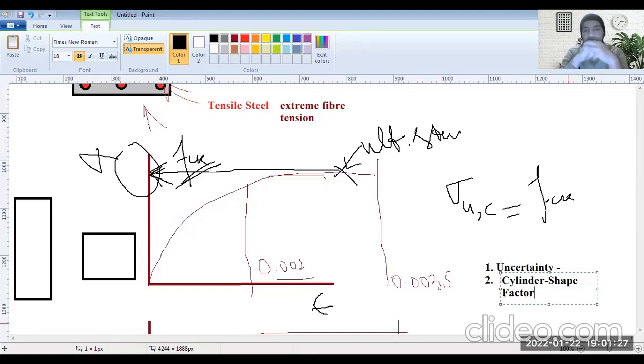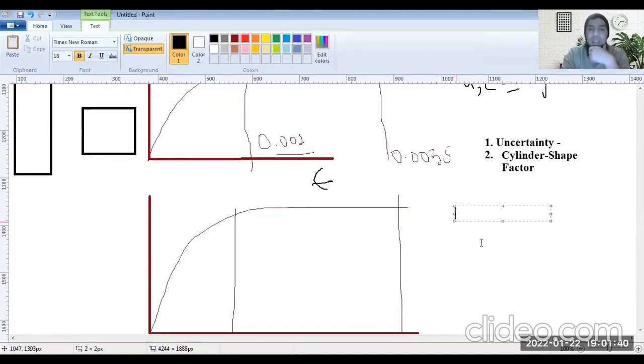तो ये दोनों चीजें, uncertainty and the shape factor, जो कि cylinder में कम strength आ रही है, that needs to be incorporated in the design as well for flexure. तो क्या करते हैं? We have the shape factor and this taken into account by incorporating two factors, two coefficients for FCK.